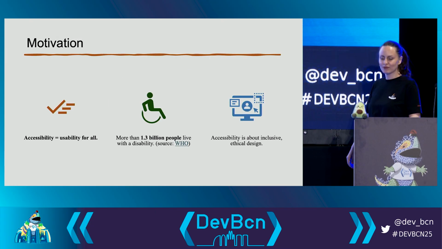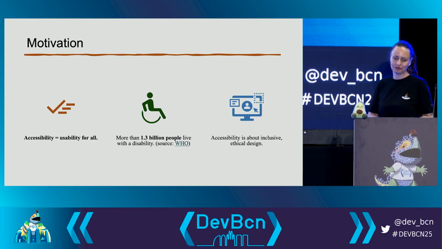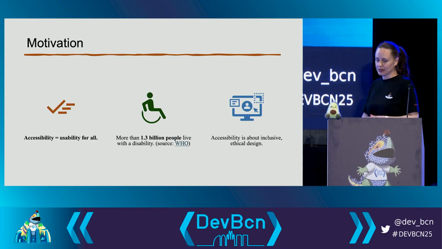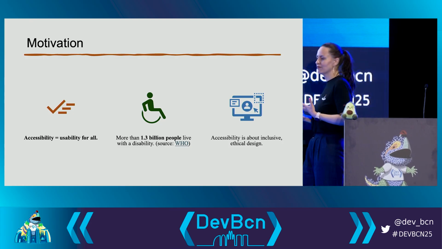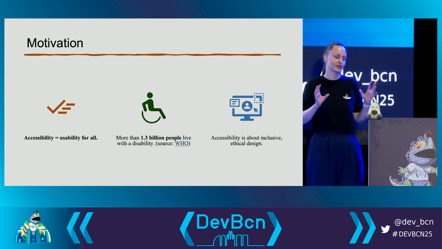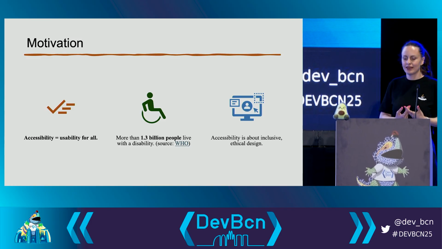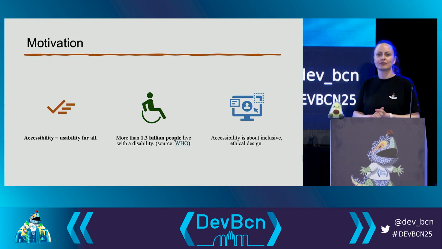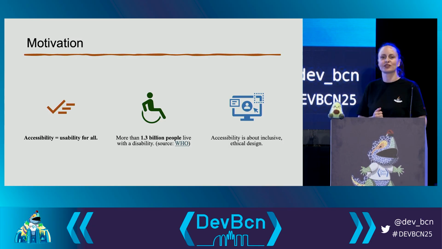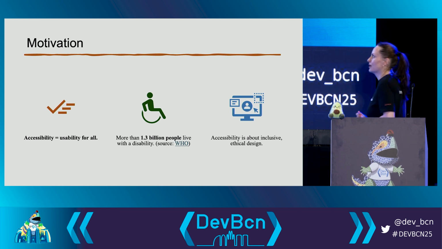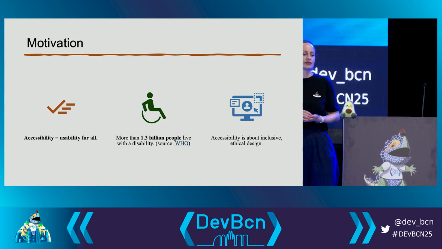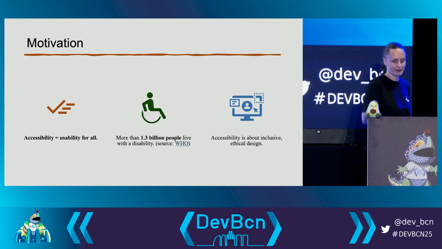But let's get into the motivation of the talk of today. Accessibility, if you consider yourself perfectly healthy, then you might not see accessibility as something mandatory. You would see it more as a compliance factor. But actually, accessibility is about inclusivity, about having ethical design within your application.